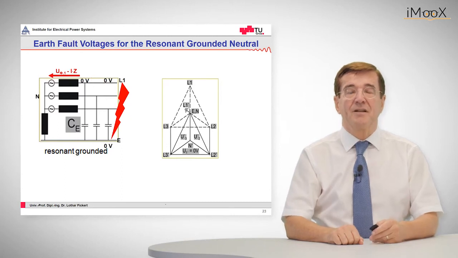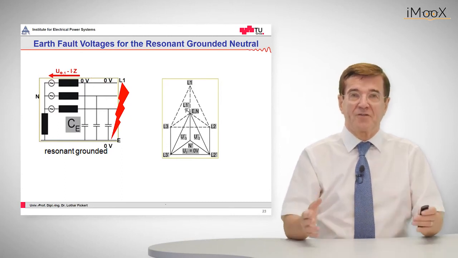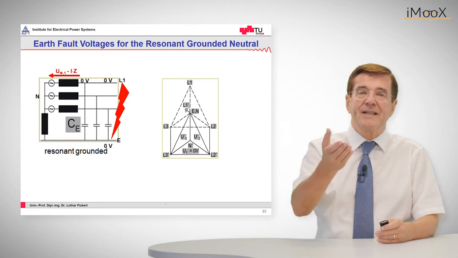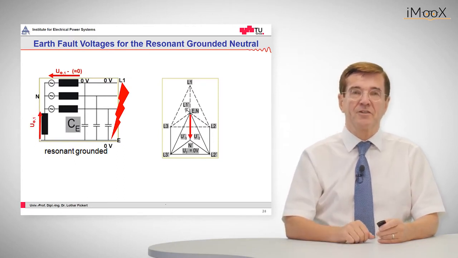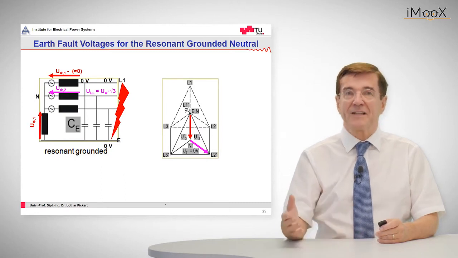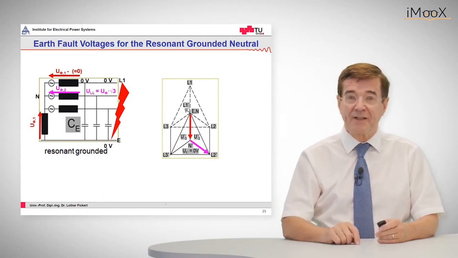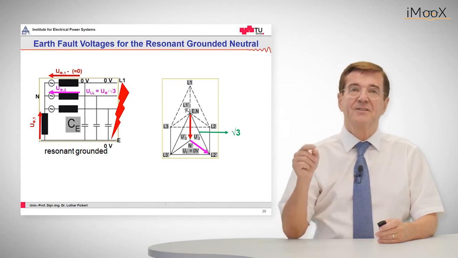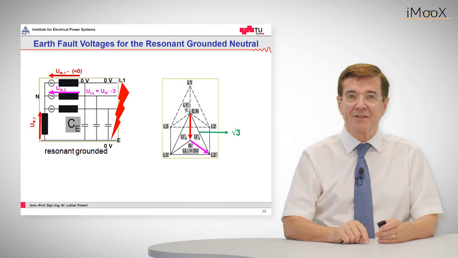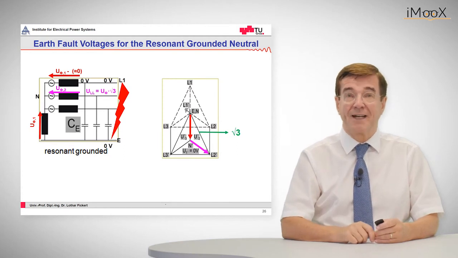We have a full voltage across the transformer, so the neutral again is raised in its potential, and on this raised potential of the neutral, we add the healthy phase to neutral voltage of a healthy phase, and finally we arrive at the new phase to ground voltage, which is root 3 times as high as in normal operation.